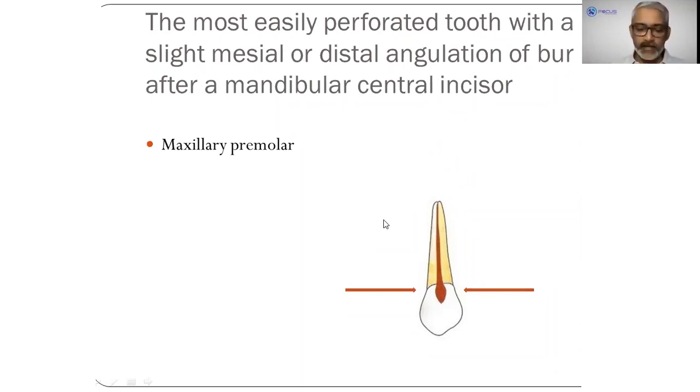Because maxillary premolars have big crowns like this with small roots. So the junction of the crown and the root is very, very thin. If you are not careful while preparing an access in a maxillary premolar, there is a chance of perforation at the cervical line.